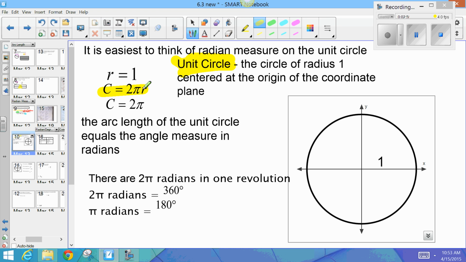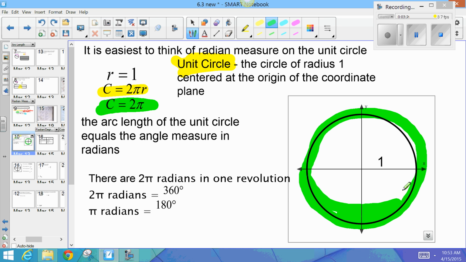And if you substitute r equals 1 into that expression, you get that the circumference of the unit circle is 2 pi. So the arc length of the unit circle is going to be the same as the circumference.